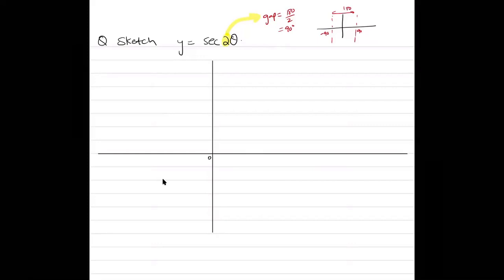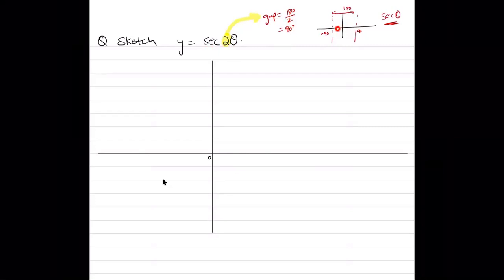Sorry, sir, could you repeat that? Yes, I was saying that in the basic secant theta graph, the asymptotes were positioned at minus 90 and 90 to maintain a gap of 180 degrees, right? Yes. Now, if we have a function of secant 2 theta, the gap is going to be 180 upon 2, 90 degrees.